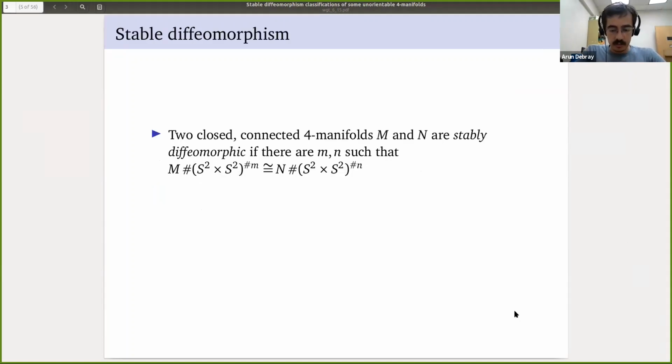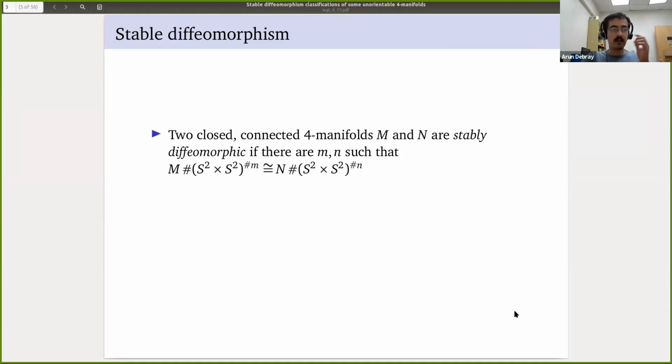So four manifolds are hard to classify. This is sort of the remaining open case of the Poincaré conjecture. Classifying four manifolds up to diffeomorphism is too hard, and this is because you can reduce from that to the word problem for finitely generated groups.